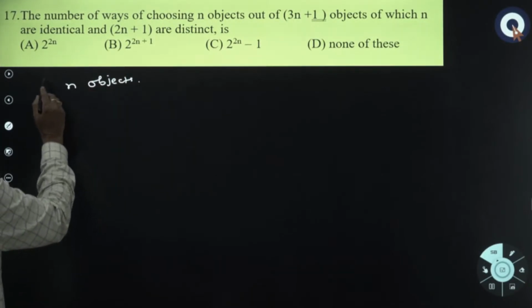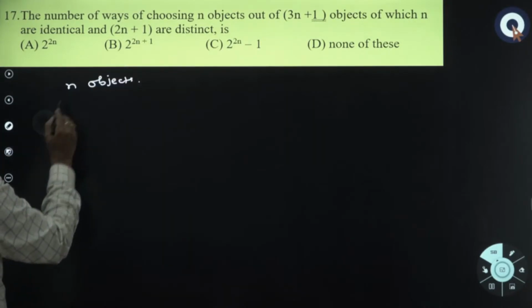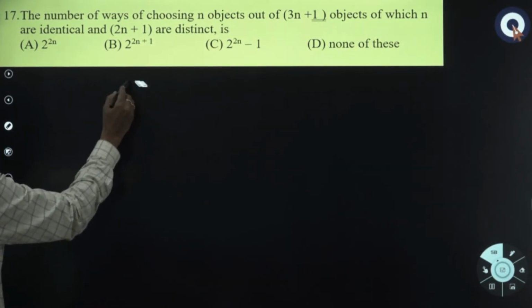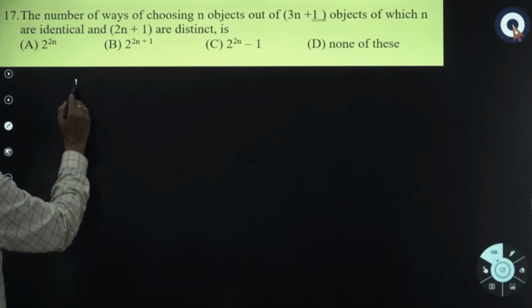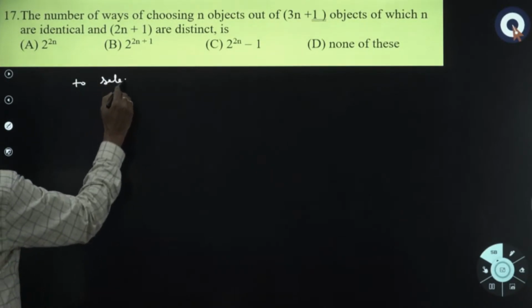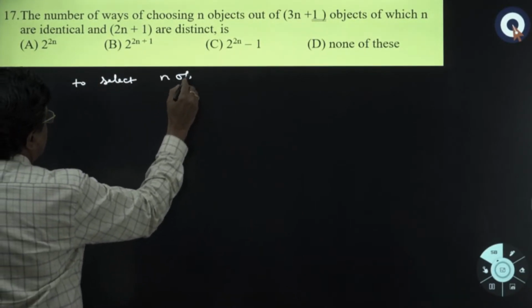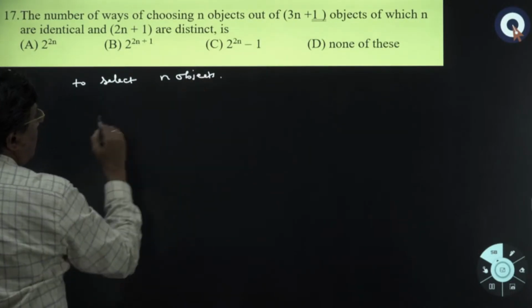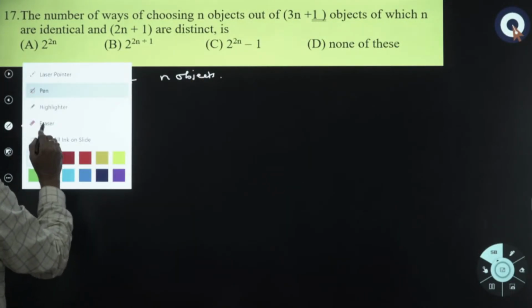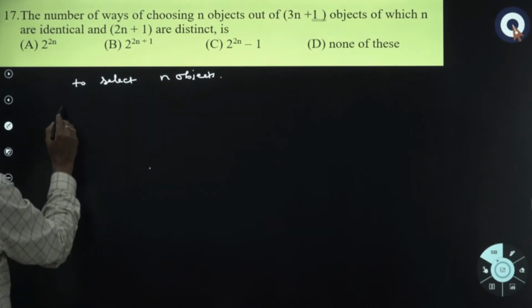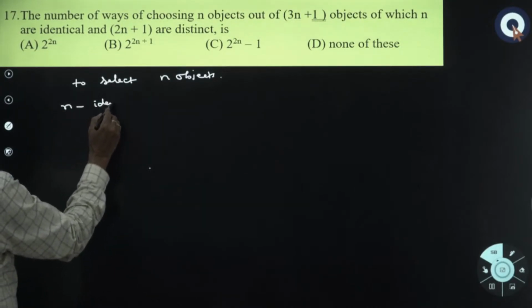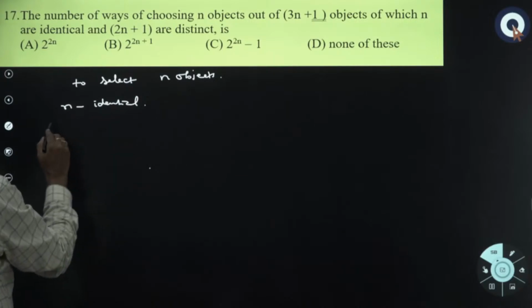We have to select n objects. To select n objects, we have n identical, and 2n plus 1 are distinct.